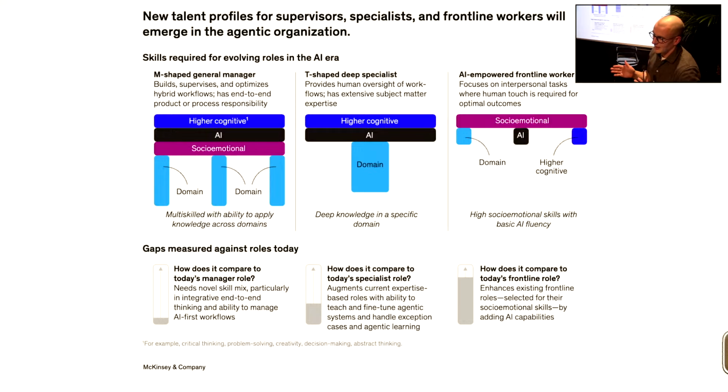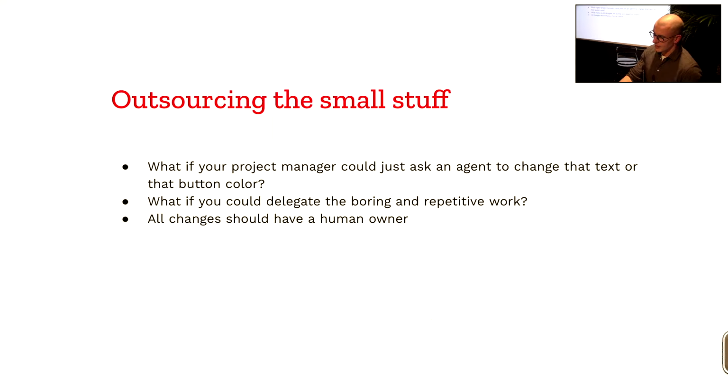Anyway, AI allows me to have more impact and more reach as long as I have a general idea of how some things work. So first, we think we may be outsourcing the small stuff. What if your project manager could just ask an agent to change one text somewhere or change a button color without having your software development team do that?